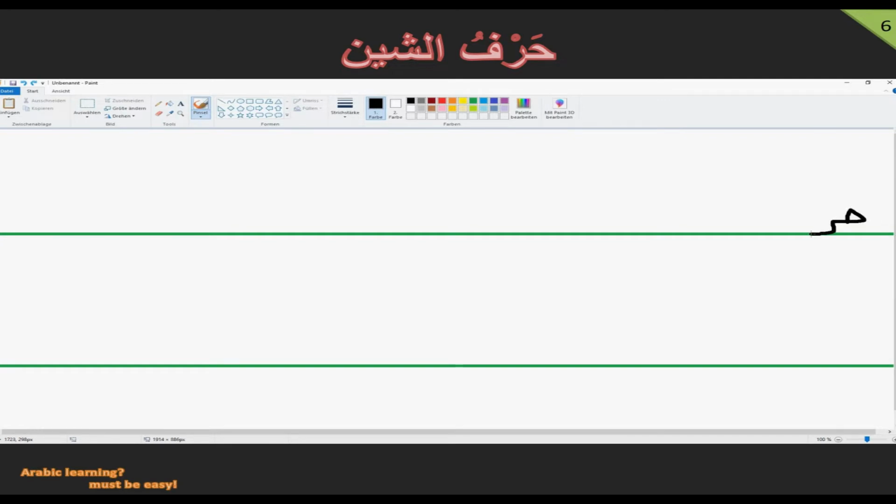حرف الشين. حرف means letter. The original form of Sheen. There are, as I said, 2 ways to write Sheen, and both ways are correct.